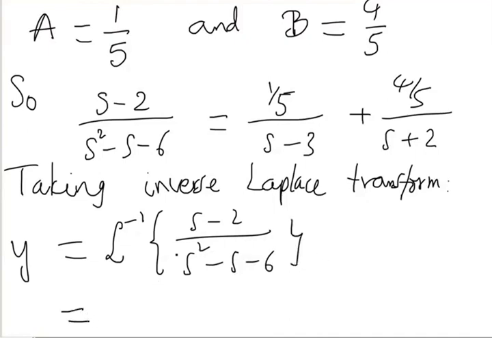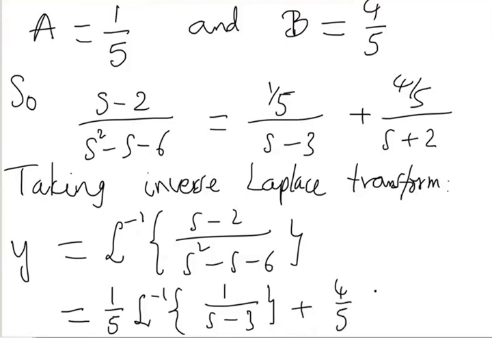So then we will have inverse Laplace transform of the right hand side, which gives us 1/5 inverse Laplace transform of 1 over s minus 3 plus 4/5 inverse Laplace transform of 1 over s plus 2.